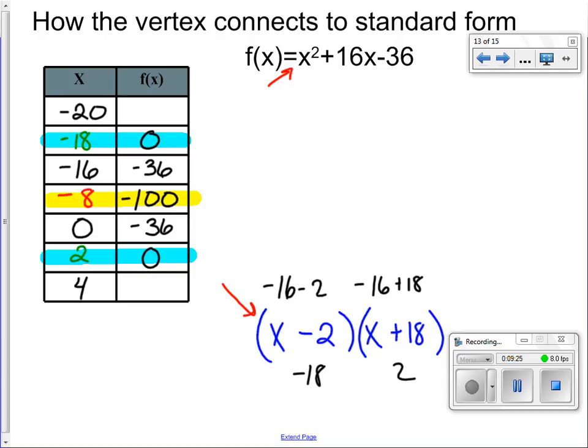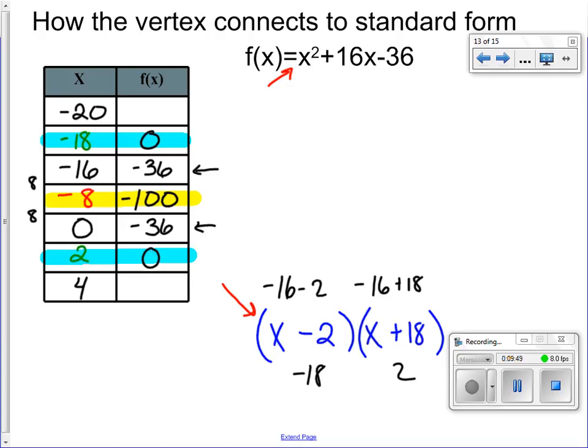All of my inputs are spaced out the same distance on either side of the vertex. Like I told you, this was a distance of 8, and then this was a distance of 8. So that's why those two values match, because they're the same distance from the vertex.